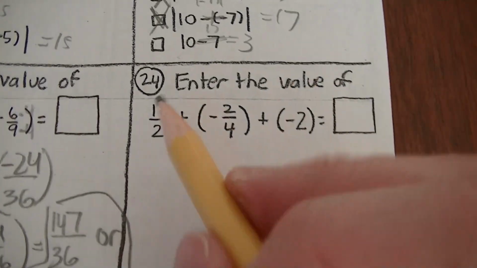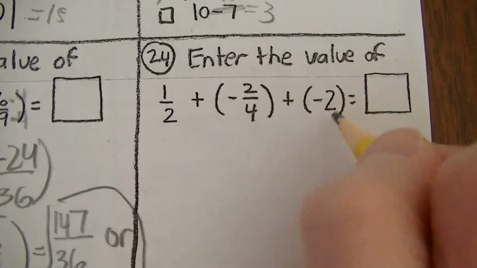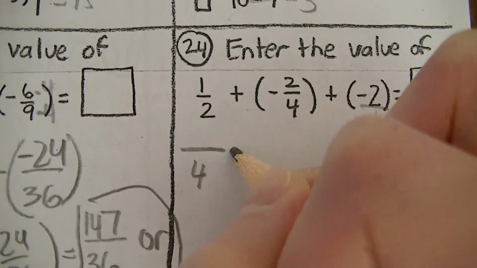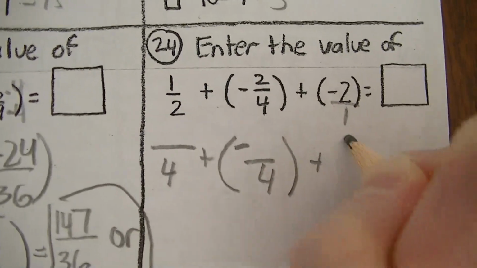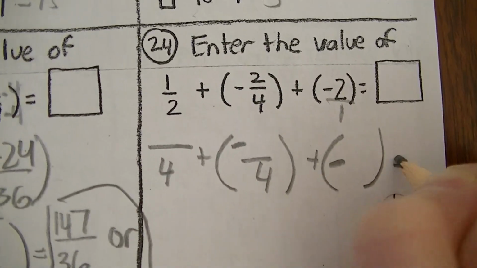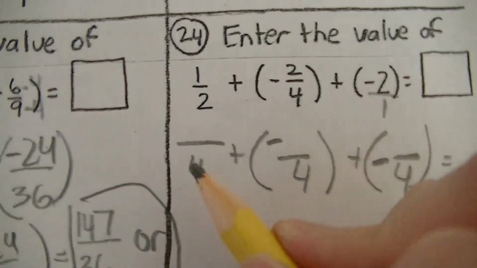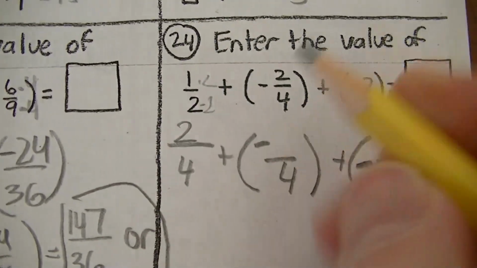Okay, enter the value of this, 1/2 plus a negative 2/4 plus a negative 2. So let's go ahead and get a common denominator of, let's see, 4. Okay, so times 2 times 2. 2/4 is the same as 1/2.